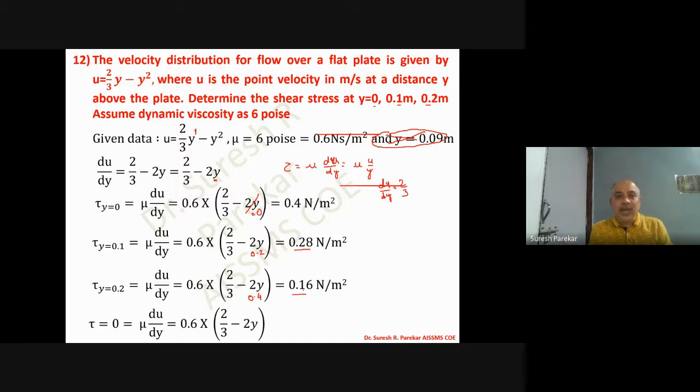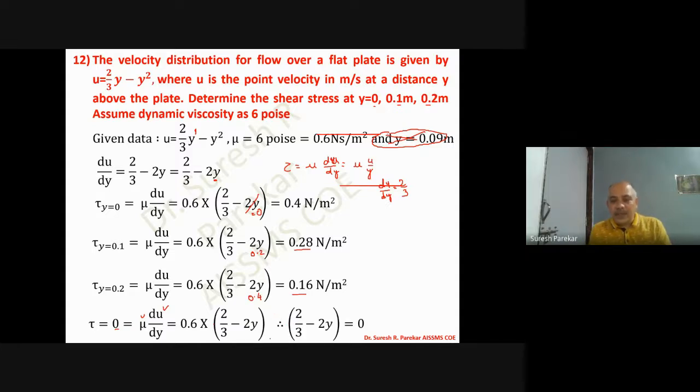So now we have to determine the shear stress. We are also interested to determine what the value of y will be when tau is equal to 0. We know the value of mu, we know du upon dy, and we substitute it over here and set it equal to 0.